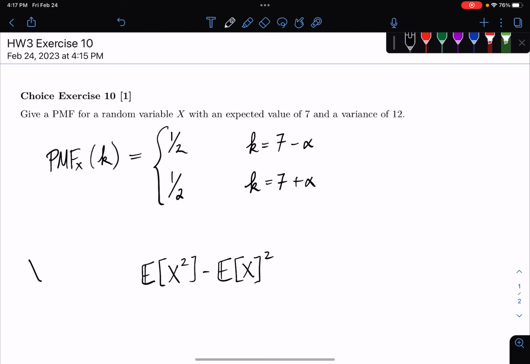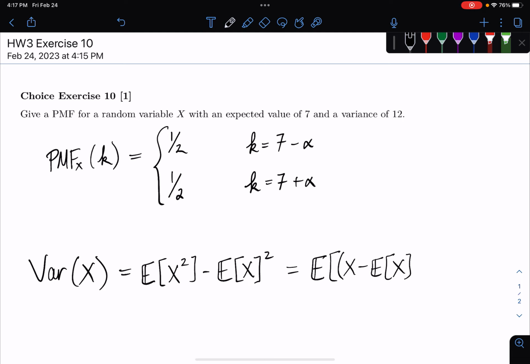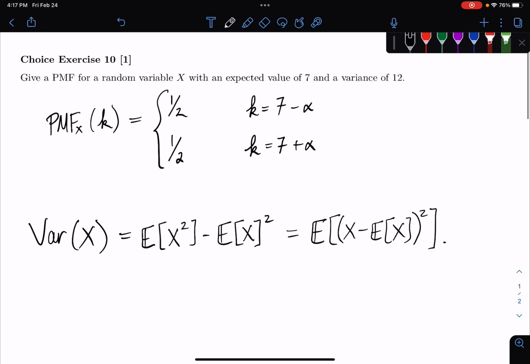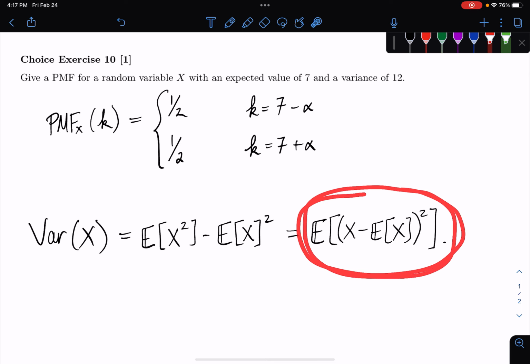The variance of x is on one hand equal to this, which is what we typically use. And that comes from this more complicated thing, which is x minus the expected value of x, squared, which has these nested expected values, which I think a lot of people don't really love. But I want to use this one instead.